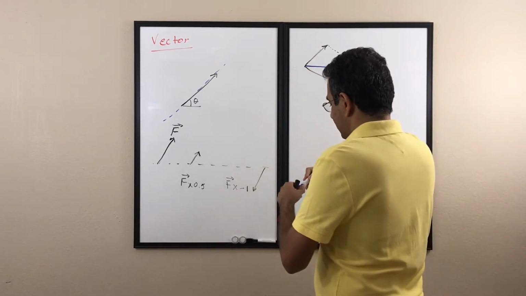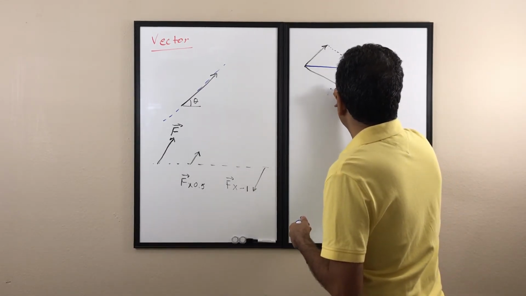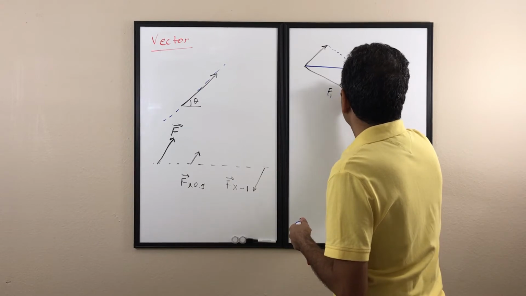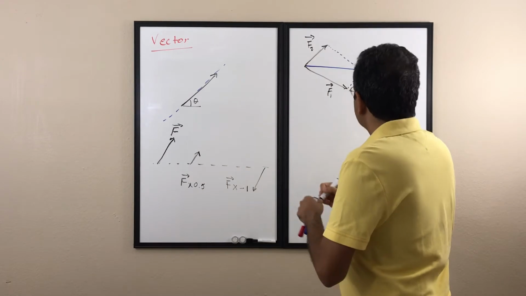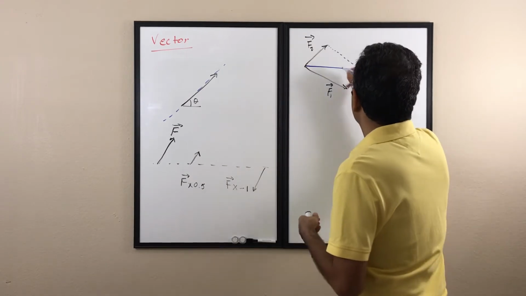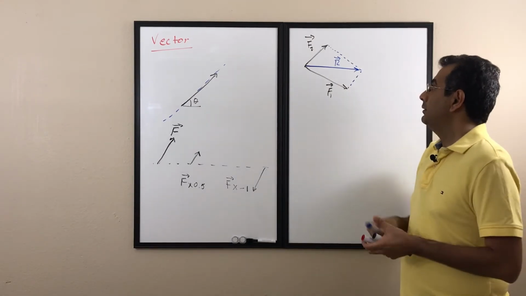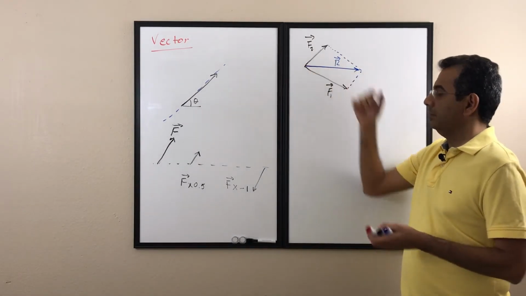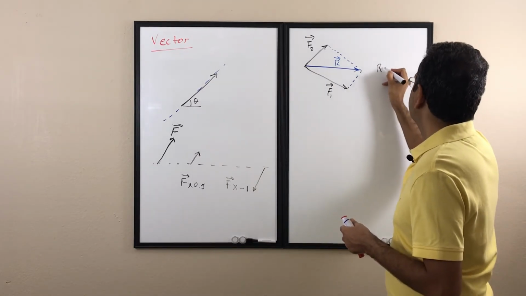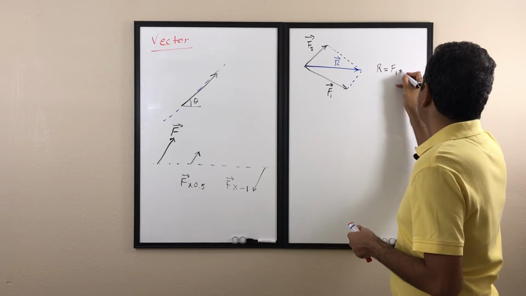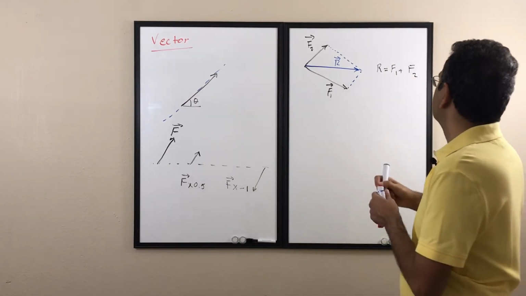So if this is F1, and this is F2, and this is going to be R, it's the resultant force of those two. This is one way of finding it, so R here is F1 plus F2 in vector format.